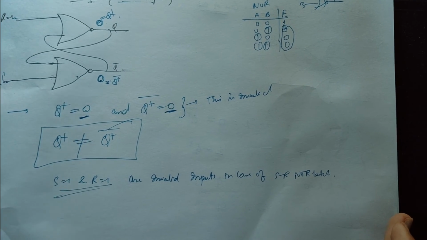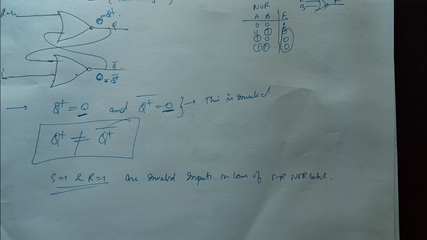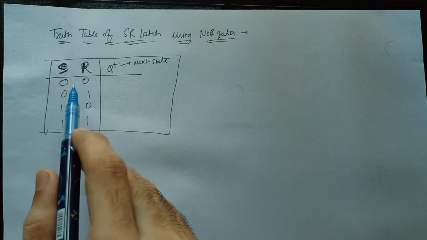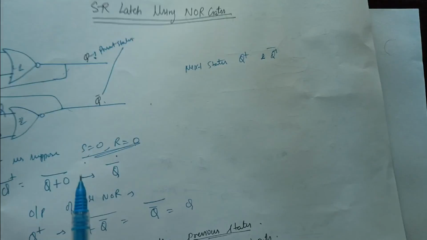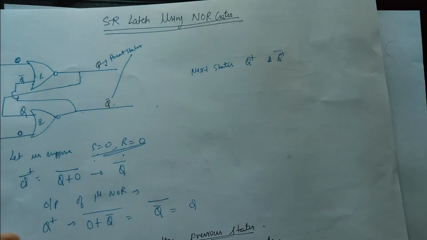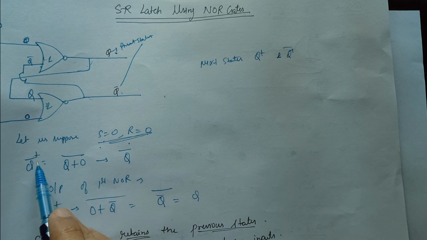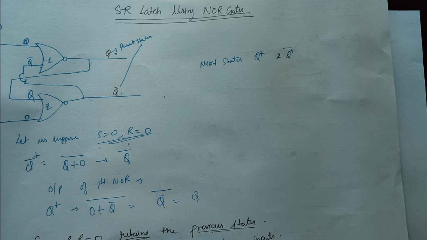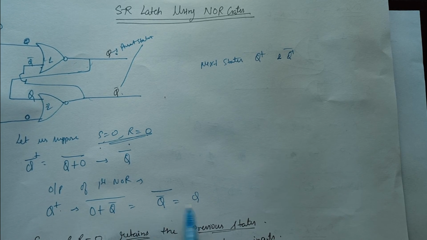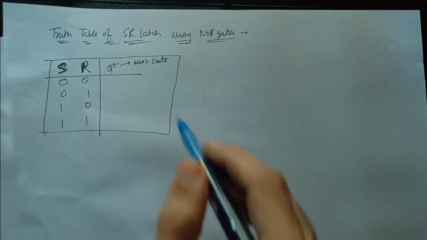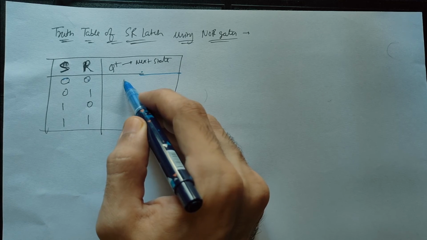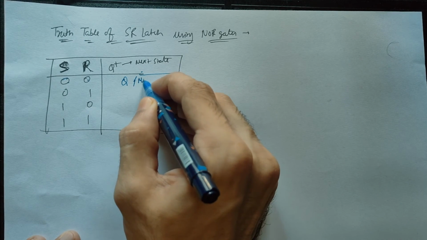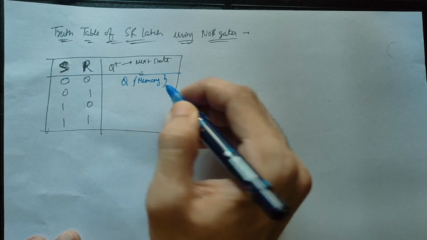So in conclusion, we will draw the truth table of SR latch using NOR gate. In the truth table, when the inputs are 0, 0, that is our case 1, Q plus is equal to Q. The next state is equal to Q, that is the present state. Hence 0, 0 is a memory state.